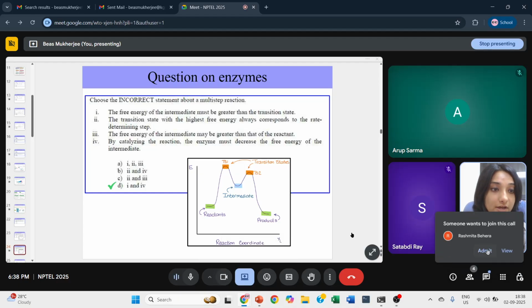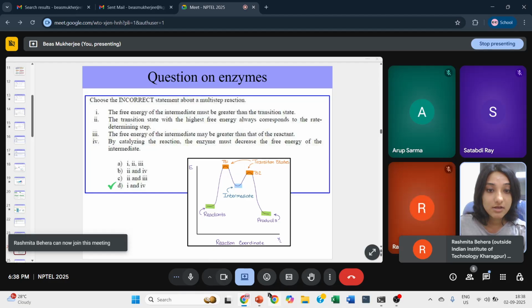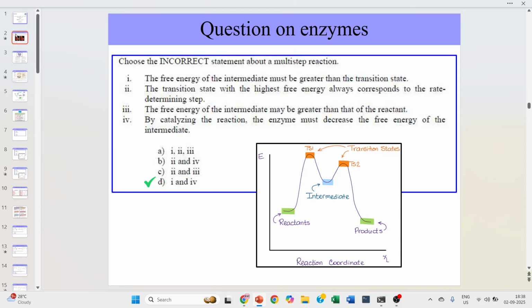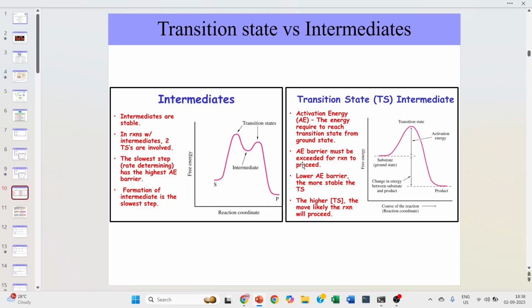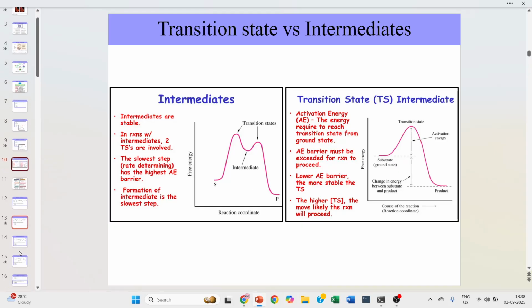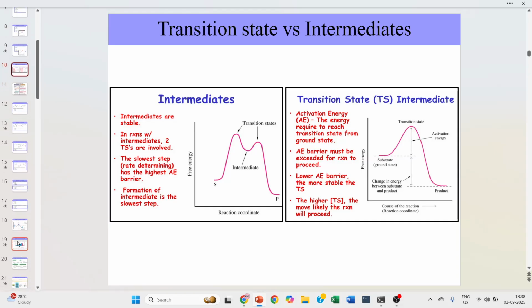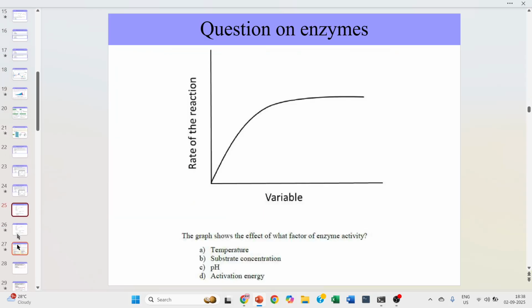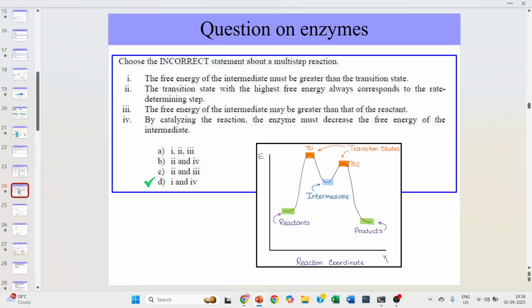If we go back to our previous slide, we will see that it is very clearly mentioned that the activation energy is the energy between the transition state and the substrate. So it has nothing to do with the intermediate here. That is why it's very important that you follow whatever we have learned until now, and then it will be easier for you to answer these questions.